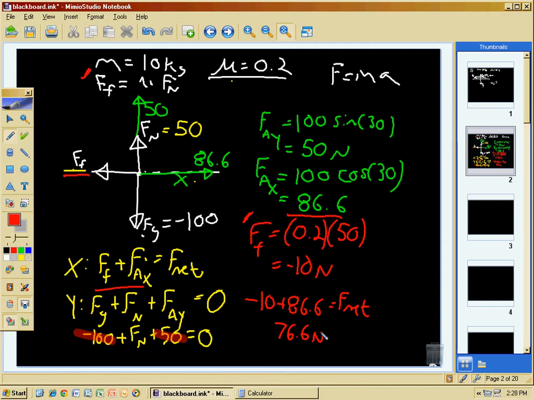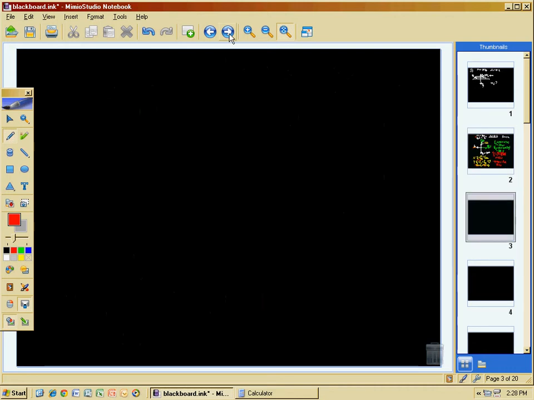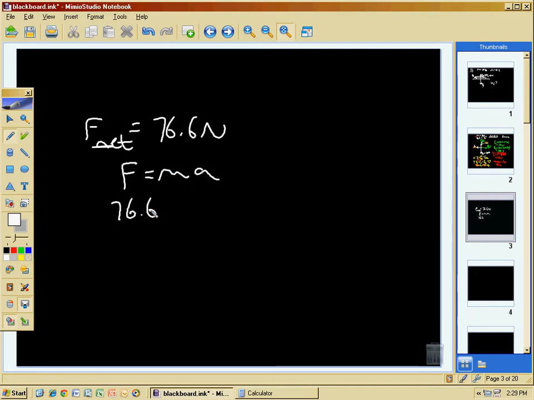Last step, we have not used F equals ma yet, which means what we're going to do is take our net force, which equals 76.6 newtons, and plug that into F equals ma. Our mass is 10. And there we go.